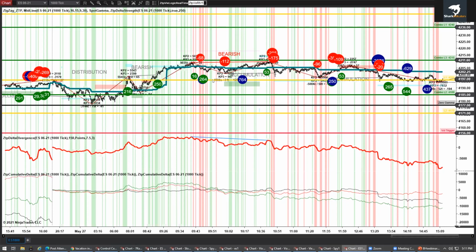So once we go below 0 gamma and the volatility trigger, we really want to pay attention to the template, because when we start getting those signals, that's when we can see 8, 10 point, 20 point trades as options dealers are hedging. As price goes lower, they have to hedge even more. Again, this is all Spot Gamma stuff, but I basically have developed that into my trading plan.